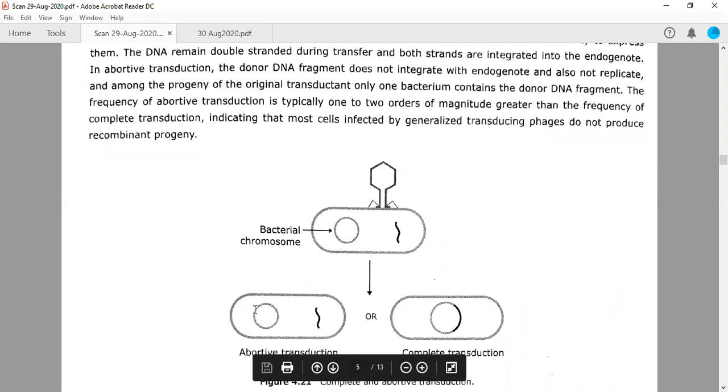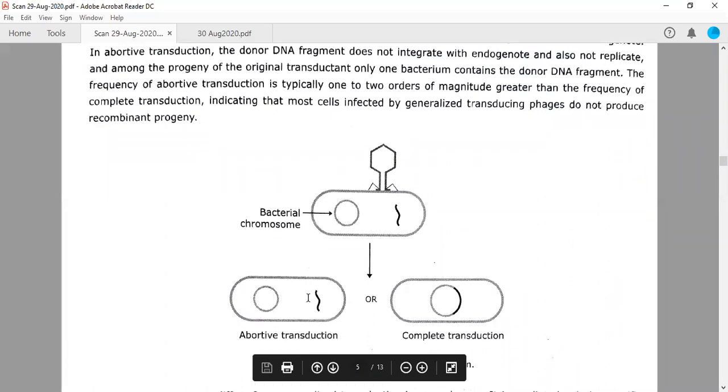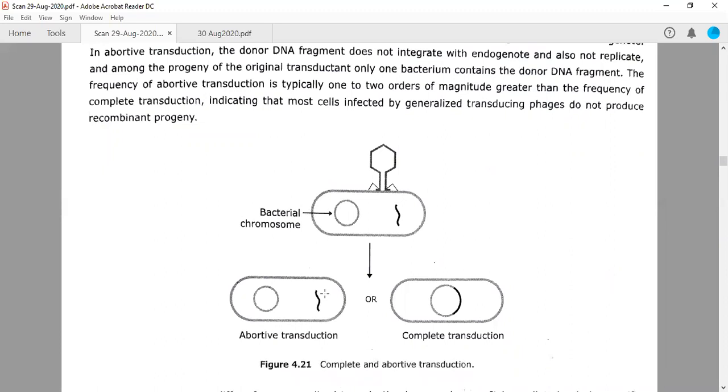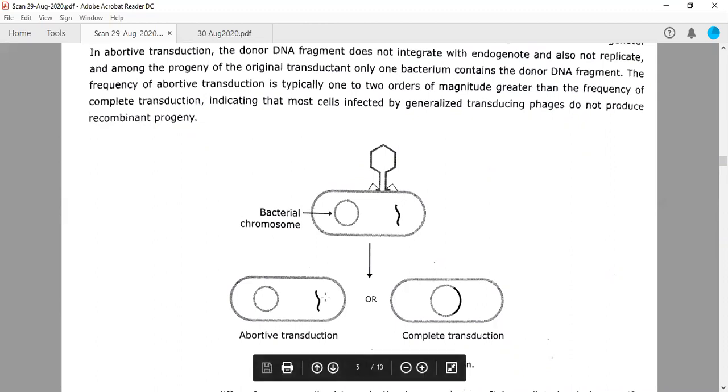It will not integrate into the bacterial chromosome, therefore it will show its expression for a limited period of time, and then it will be lost by degradation. So this is called abortive, whereas the second type is called complete transduction, because here it is able to integrate inside the bacterial chromosome, and when the bacterial chromosome replicates, it will replicate along with it. Therefore, it will be stably maintained inside the recipient bacteria or transductant.